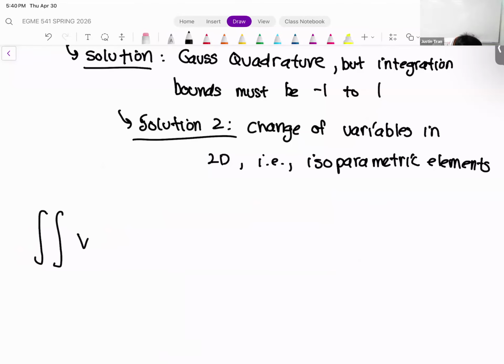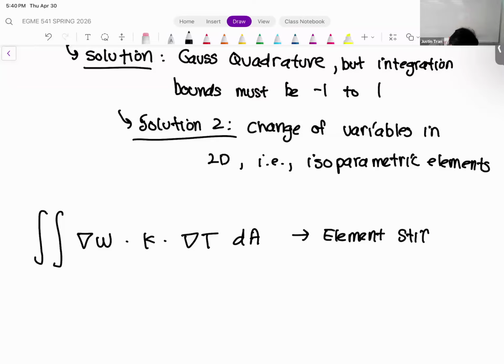Our element stiffness matrix is comprised of this term right here, where the main issue that we were dealing with is the fact that these gradients, the gradient of W, the gradient of T, are gradients which had derivatives in the physical domain.